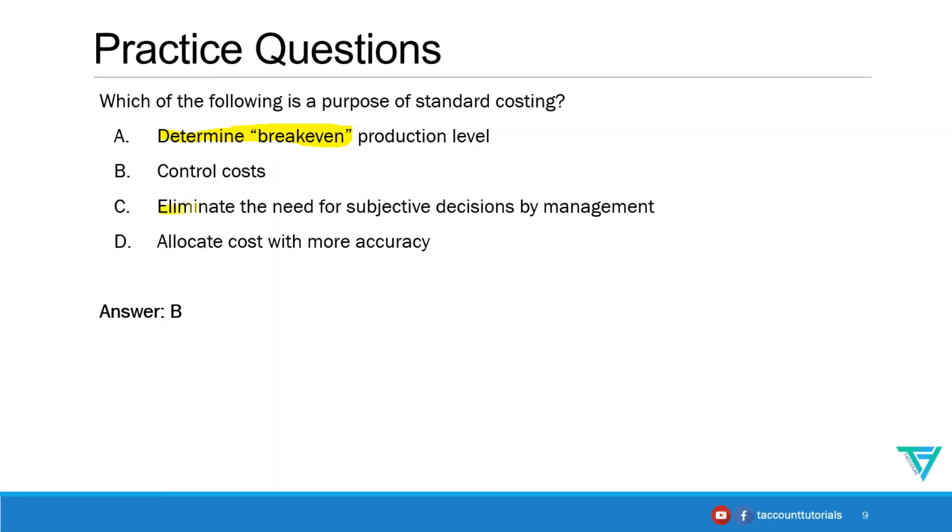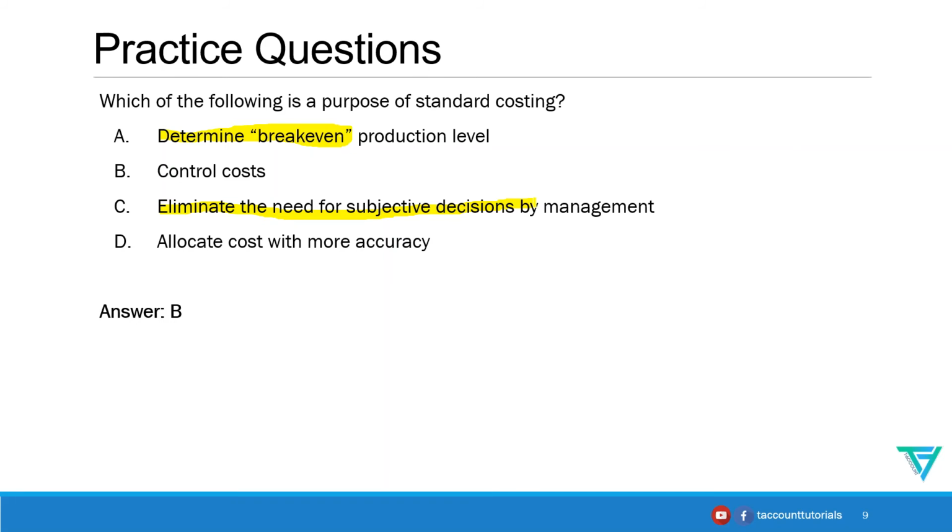Next, letter C, to eliminate the need for subjective decisions by management. This is not true, because the use of a standard cost system would still need subjective decisions by management. First, in establishing the standards itself, we mentioned earlier that there are two options provided to management in choosing what standards to establish.